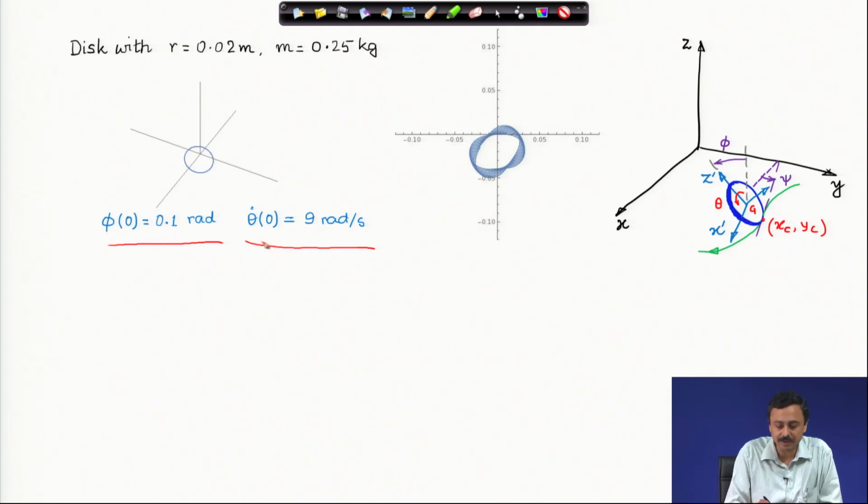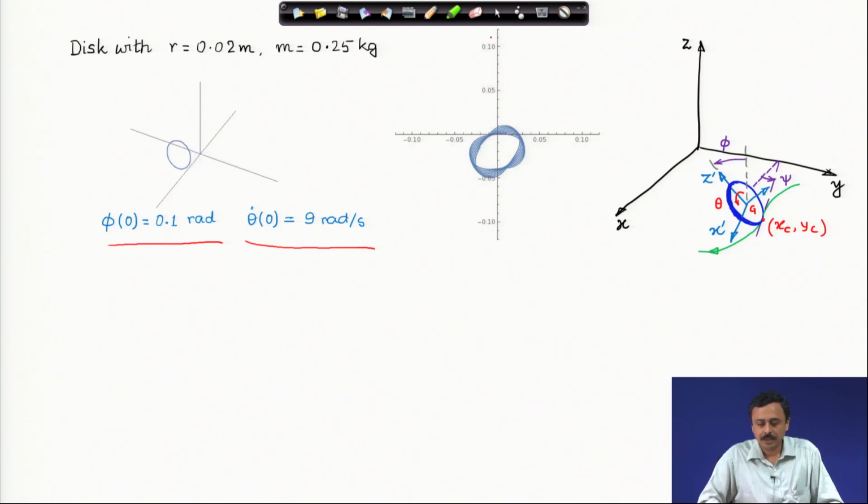That initial spin rate is 9 radian per second, and I allow the simulation to run, and this is what I obtain. Notice carefully that this ring has been given a little lower spin rate, so that it appears it is on the verge of falling down, but it somehow makes up because it gains angular momentum and then it makes up.